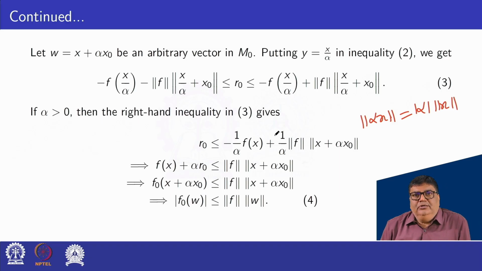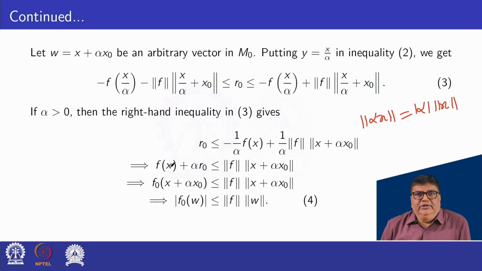Okay, so alpha we can write outside the norm. Simplifying this by cross multiplication of alpha, this can be written as f x plus alpha r0 less or equal to norm f into norm x plus alpha x0.